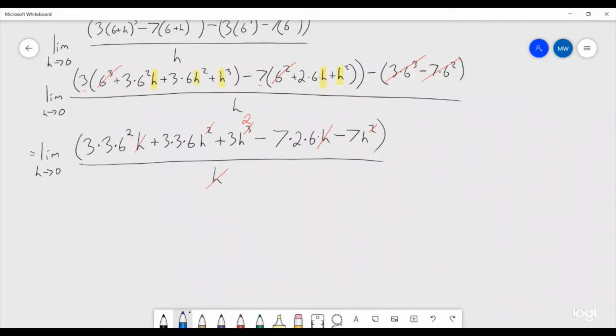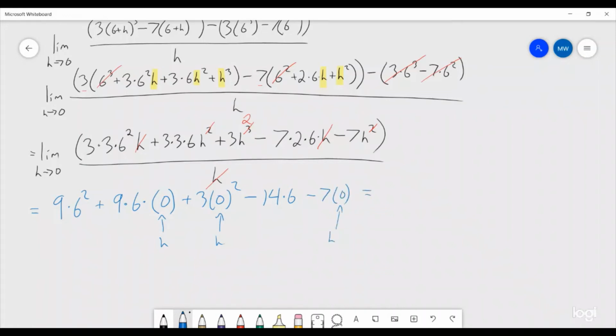So what we can do is now evaluate this at h equals 0. This is equal to 9 times 6 squared plus 9 times 6 times 0, because this is an h, plus 3 times 0 squared, minus 14 times 6 and minus 7 times 0 from an h.